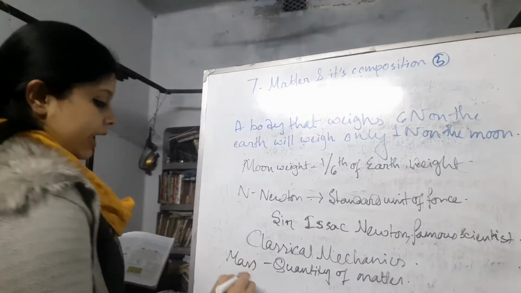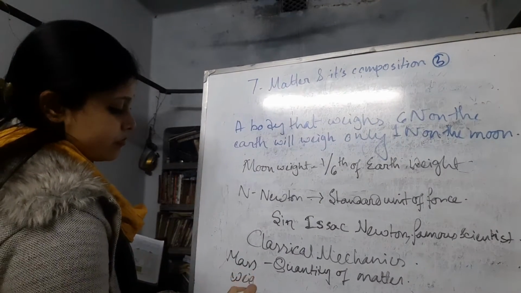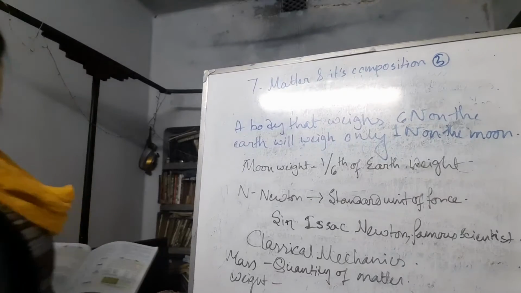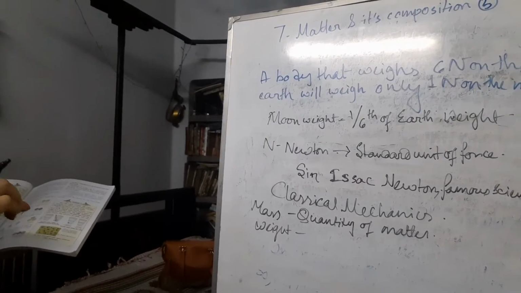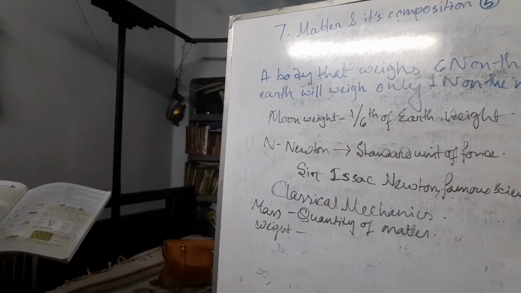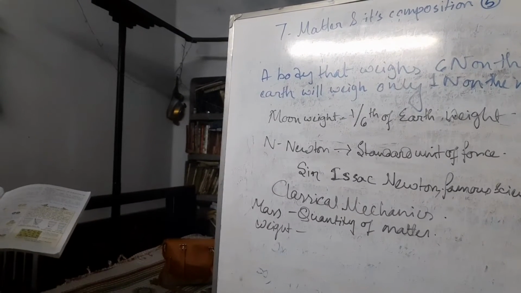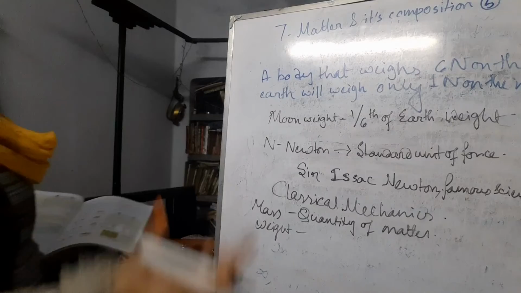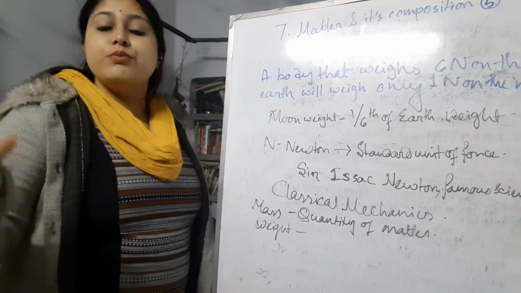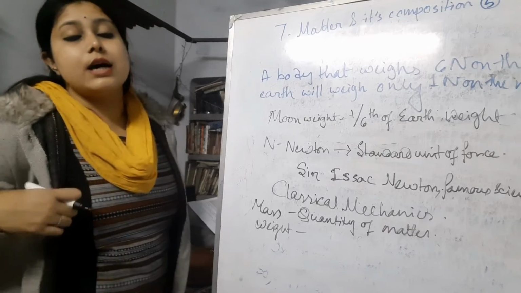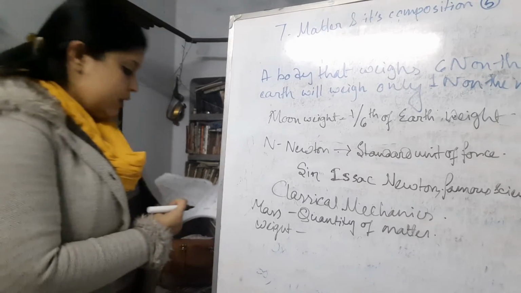And the weight is the force with which the earth pulls the body towards it. That means the force with which the body is pulled towards the earth is called the weight.